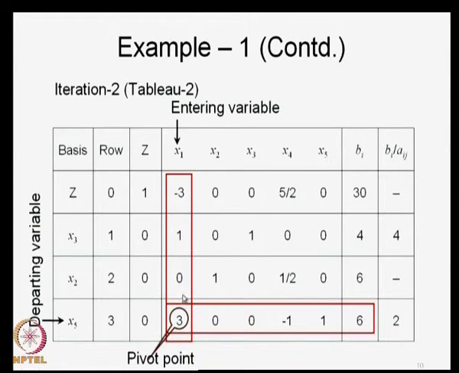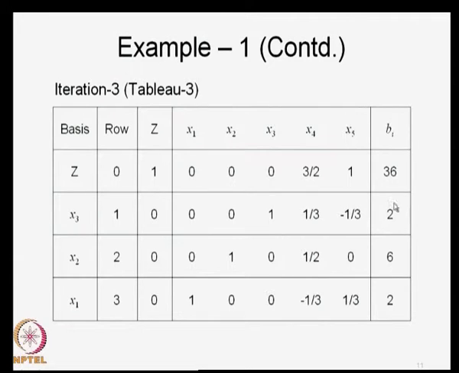We made this the departing variable, reconstructed the next table, that is for iteration 3, and then we look at all these coefficients here. Because there is no variable which has a negative coefficient in the z row or the 0th row, we said that this is the optimal solution.